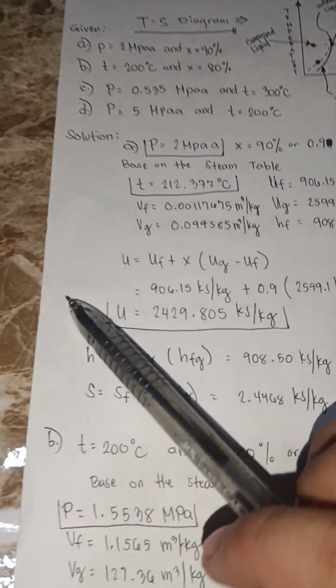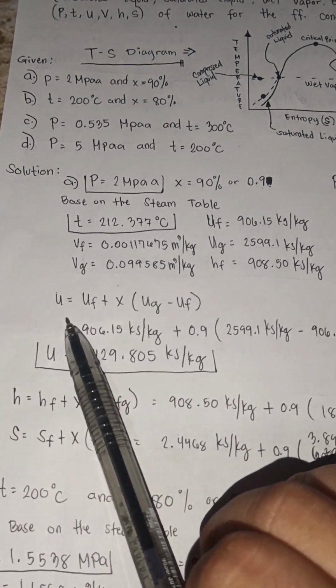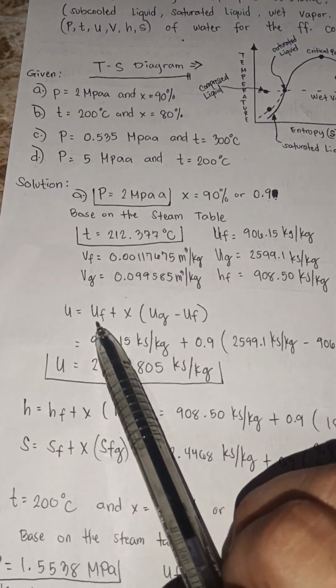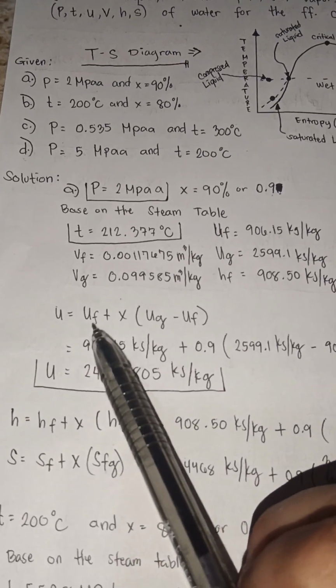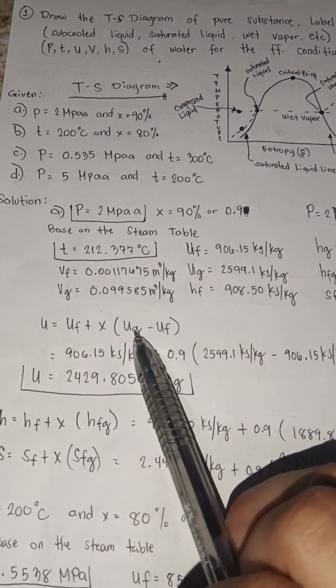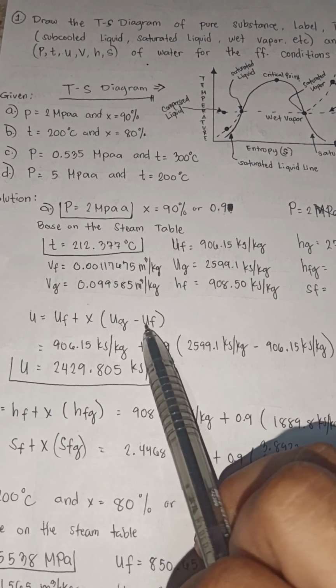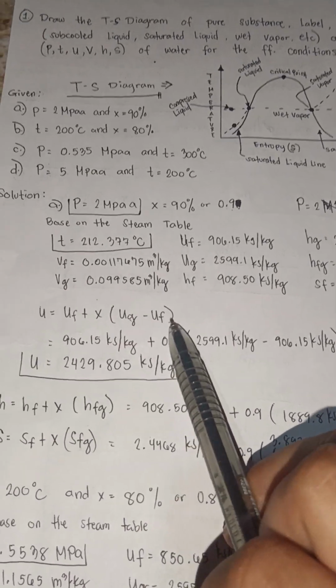So here, solving for internal energy: the internal energy of the saturated liquid plus the quality, parenthesis, internal energy of the saturated vapor minus internal energy of the saturated liquid.